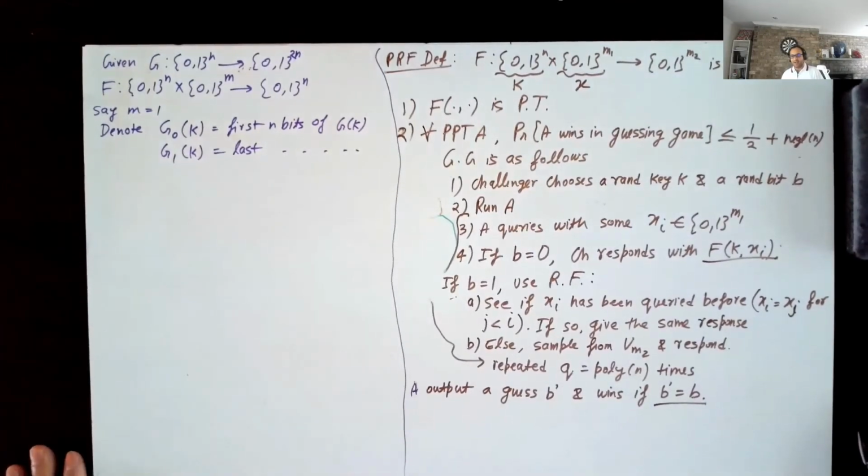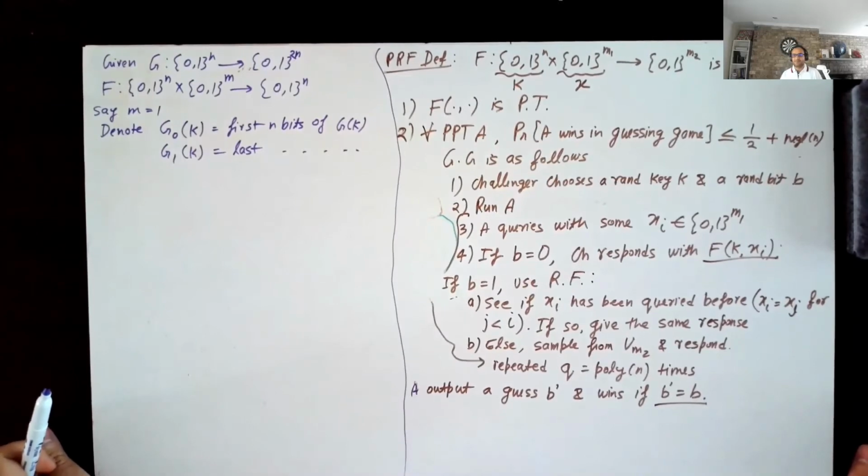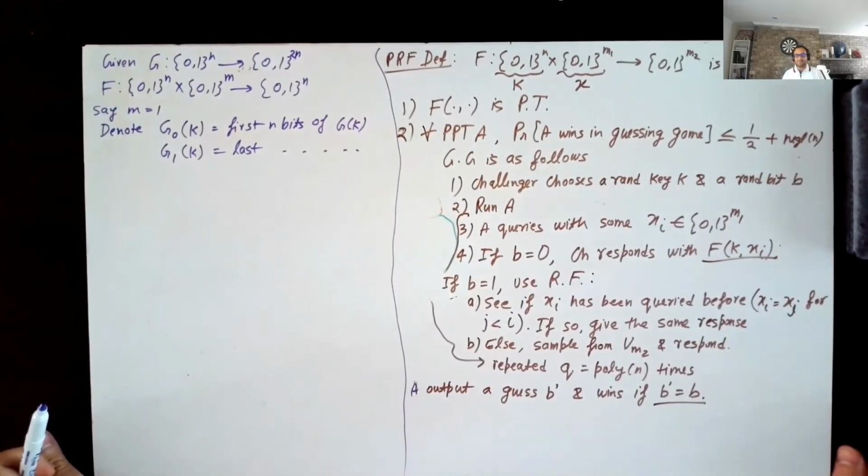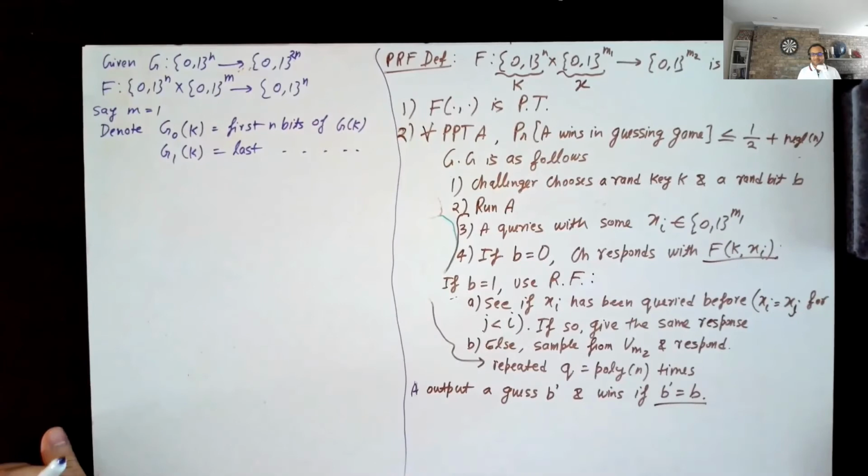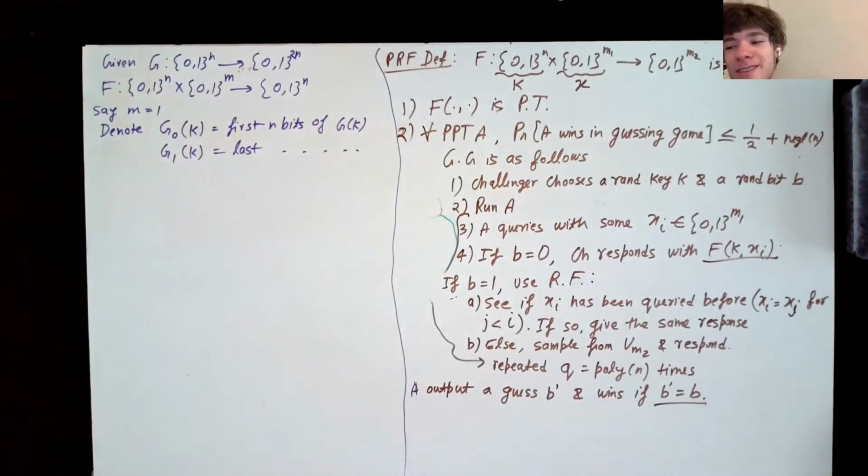So any ideas on how we can handle the case when m equals 1? Return either 0 or 1. Yeah, well, G0 or G1. Yeah, exactly.